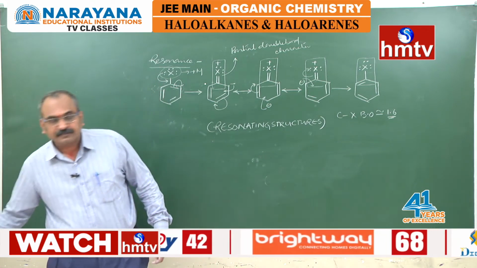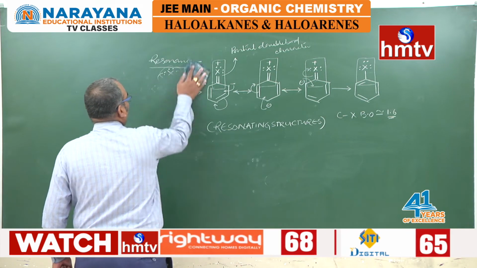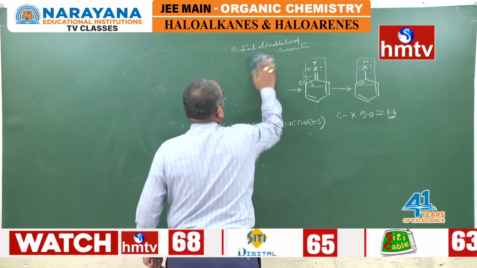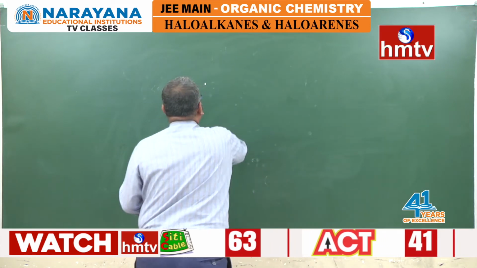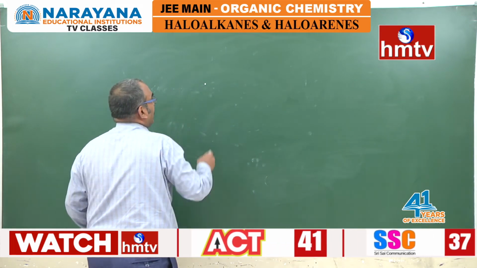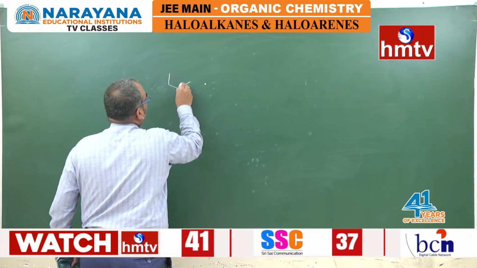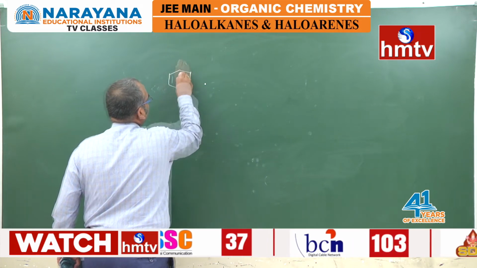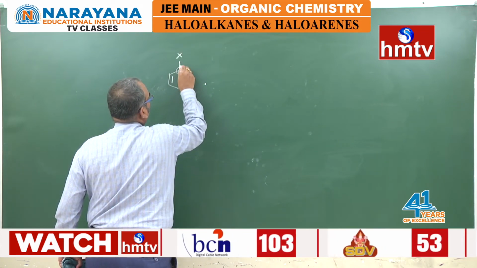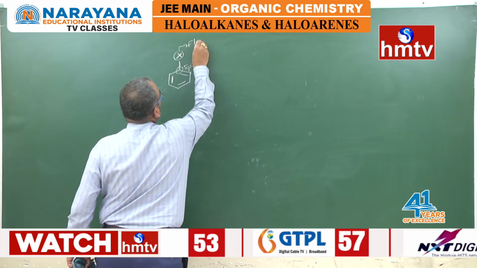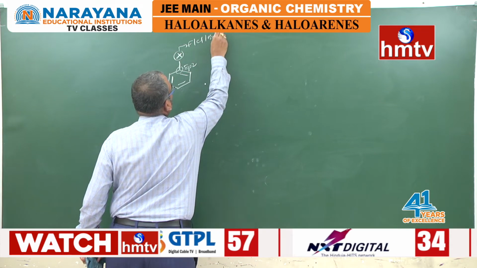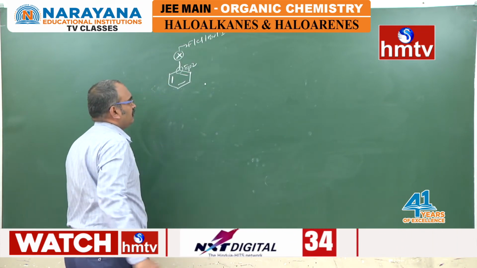The next reason for which aryl halides are showing resistance towards nucleophilic substitution is hybridization of the carbon atom. In aryl halides, the halogen is bonded to an sp2 carbon. Here the halogen can be fluorine, chlorine, bromine, iodine.